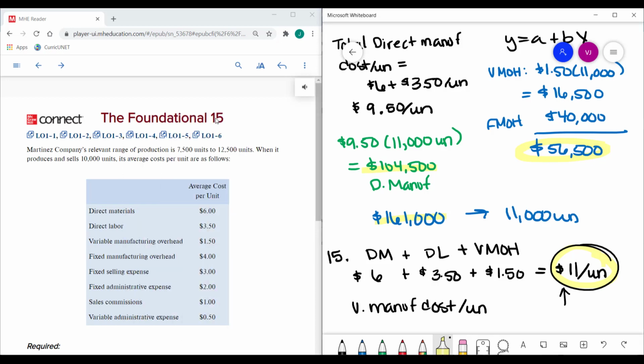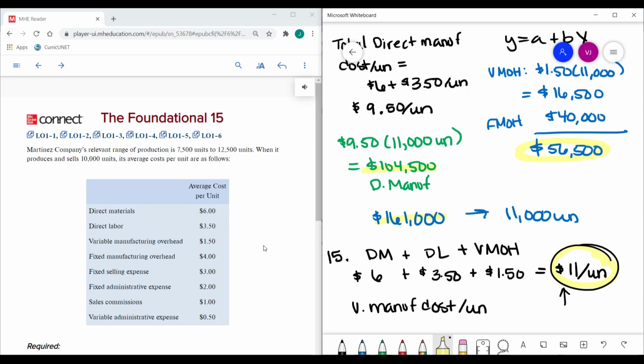The fixed overhead, remember, we're actually just spending on average about $40,000 every period, regardless of what we produce within a specific period. So we know for a fact that when we produce that extra unit, it's going to cost us about $11 extra just to make one more unit.